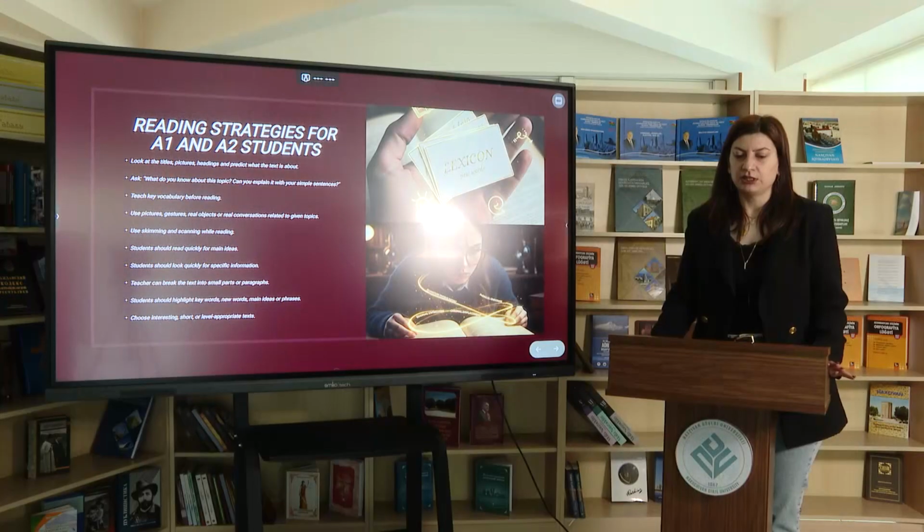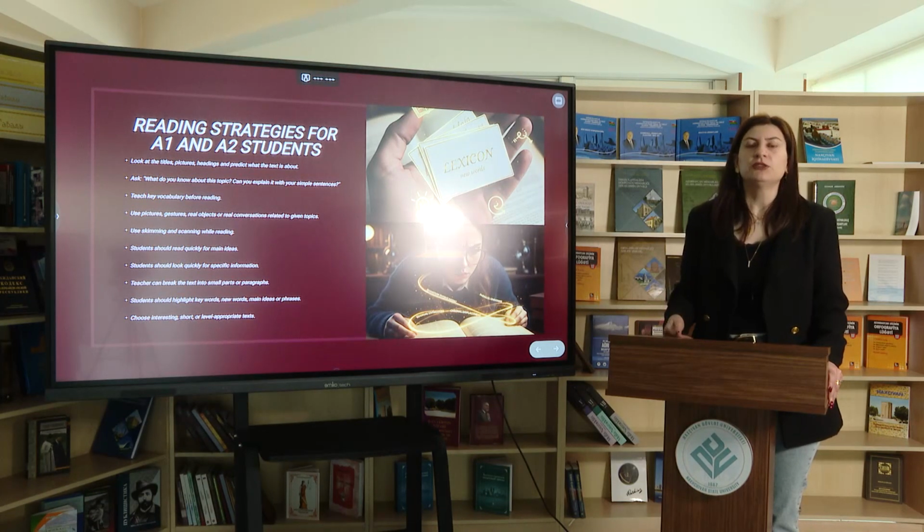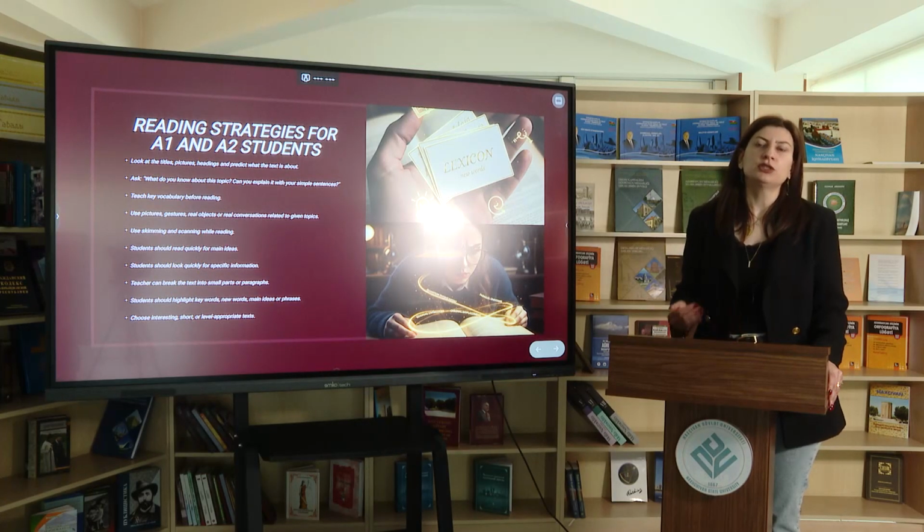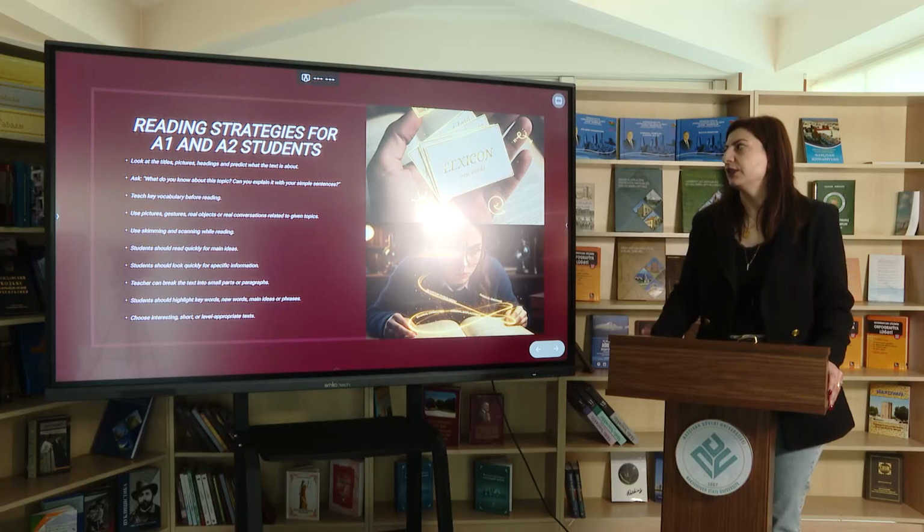If we give a text related to computer engineering to our medical students, it will be difficult for them to understand it. So we can give our students texts which are suitable for their profession.